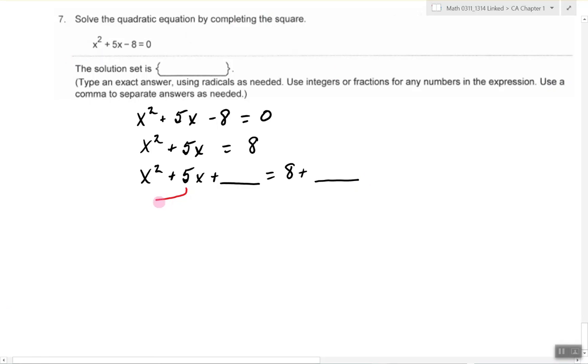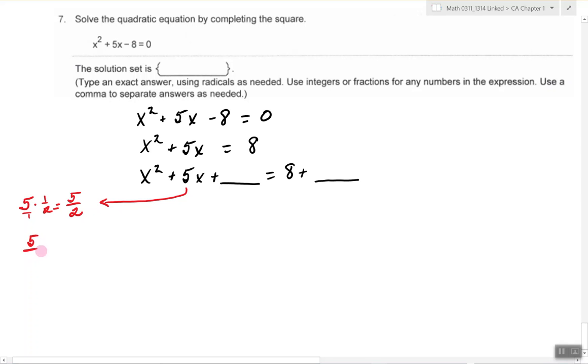Well, you've probably figured out by now that the problems are a little bit unpleasant when this coefficient is an odd number. So I take the 5 and I take half of it, so that 5's over 1, that gives me 5 over 2. Don't give me a mixed number, don't give me a decimal.